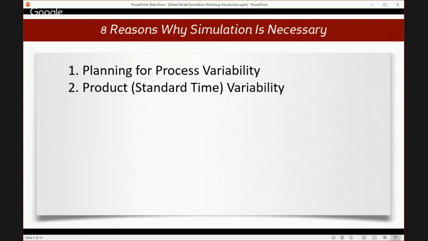And of course, in the mixed model line design roadmap, we take care of this by calculating a weighted average standard time, but then again, it's an average. And an average will get you the right resource calculation. Sometimes you will have to make some allowances and increase the number of resources.